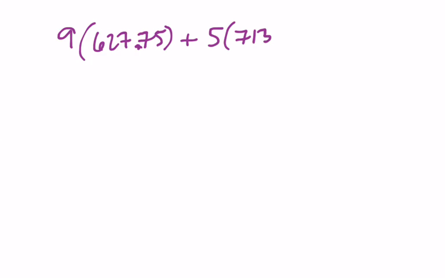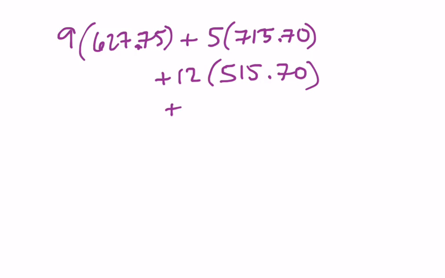So we have 9 days which have that first balance, 627.75, plus 5 times 515.70 for the 5 days that have that balance, plus 12 times 515.70, plus 4 times 661.92.